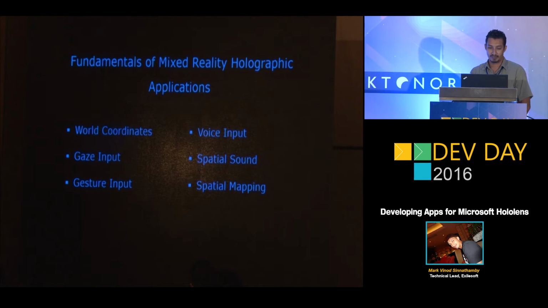So basically, we have world coordinates, voice input, gaze input, something called spatial sound, and gesture input, which you just saw. There are two types: what is known as the air tap and what is known as the bloom. And then you've got spatial mapping, which is a very deep and specialized topic in itself, where the HoloLens knows how to map the interior of the building you are in, and it knows that this is a solid wall, that's going to be a roof, and there are steps here.